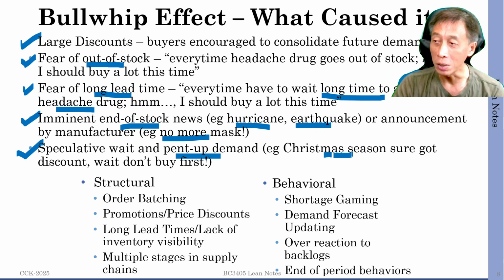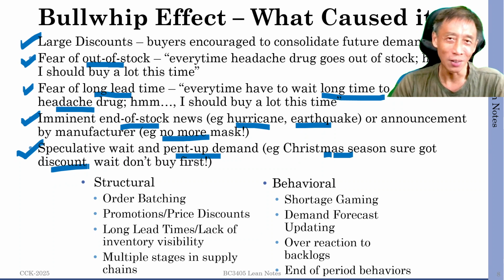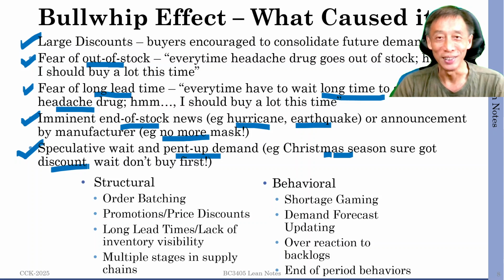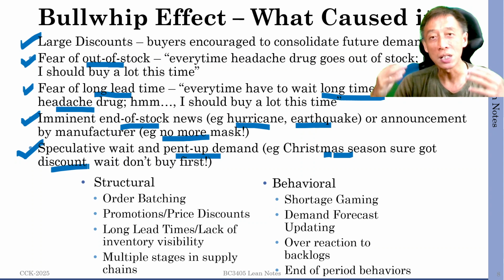Okay, so Christmas season. Let's say you are trying to buy some chocolates in November, but that is not an immediate need. You can delay your taste buds' consumption of chocolate. So you tell yourself, hey, you know what? Christmas is coming.